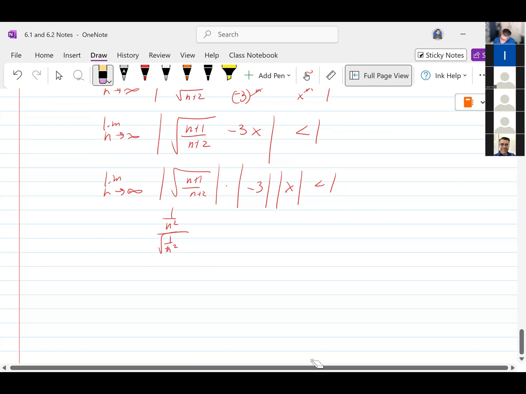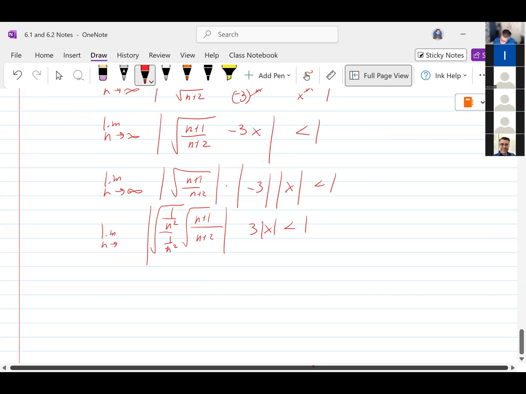Let's put a big square root over that. That's still 1. But then I multiply that times n plus 1 over n plus 2 square root. This is going to become 3 absolute value of x is less than 1.